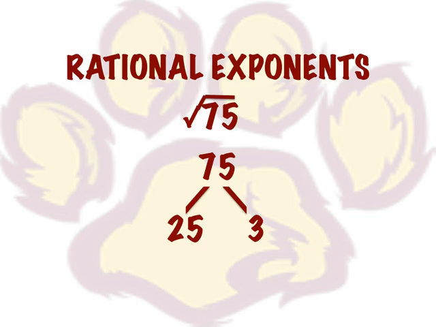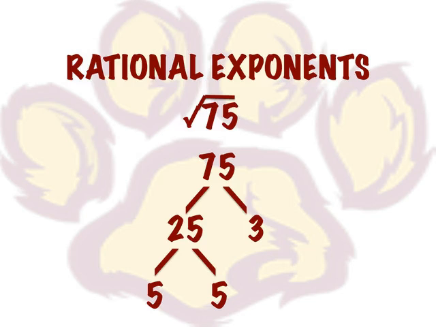We're looking for the prime factorization, so we need to keep breaking down these numbers until they can't be broken down any further. The 3 is already a prime factor, so it stays as is. However, the 25 can be further broken down into 5 times 5. Once we reach this point, we can't go any further with the prime factorization.